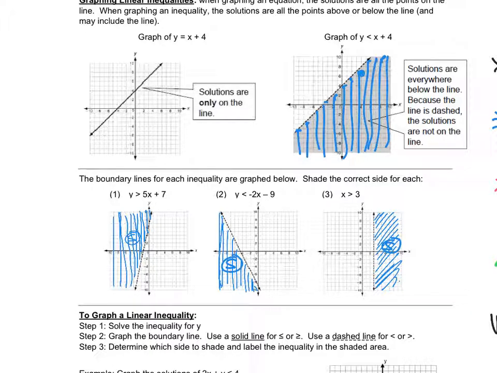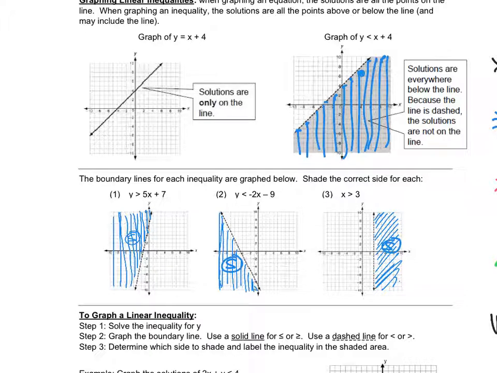And it really just amounts to taking a point that's in one of the two regions that could potentially be the shaded area, and then plugging it in to see if you get a true sentence, right? So let's say, for example, in this case, I wanted to test 0, 0. If I plug 0, 0 in for this, what would I get on the right-hand side? 7.